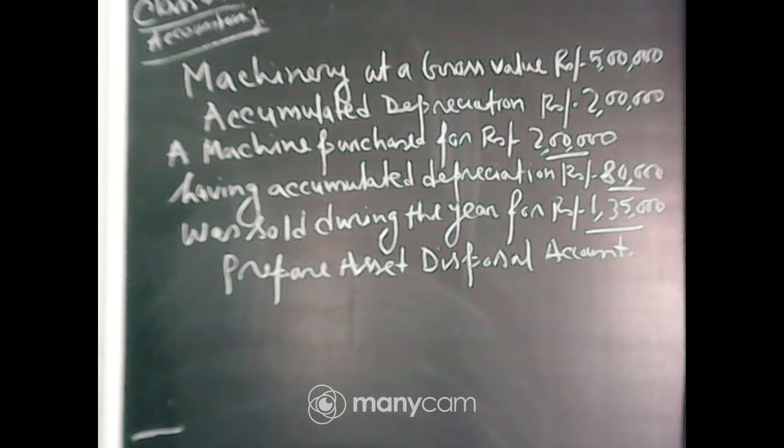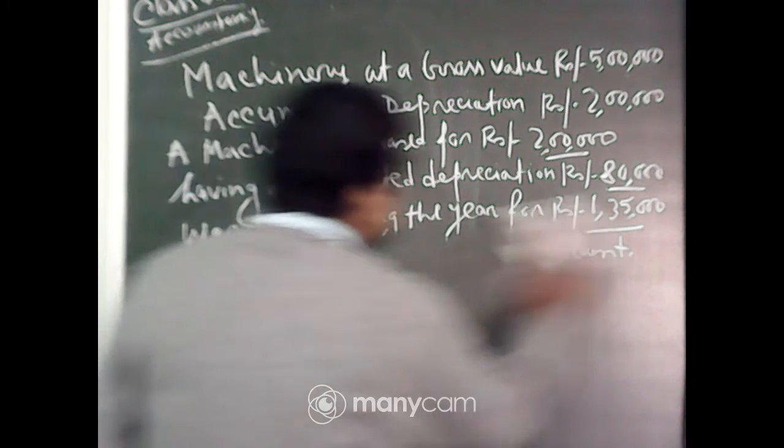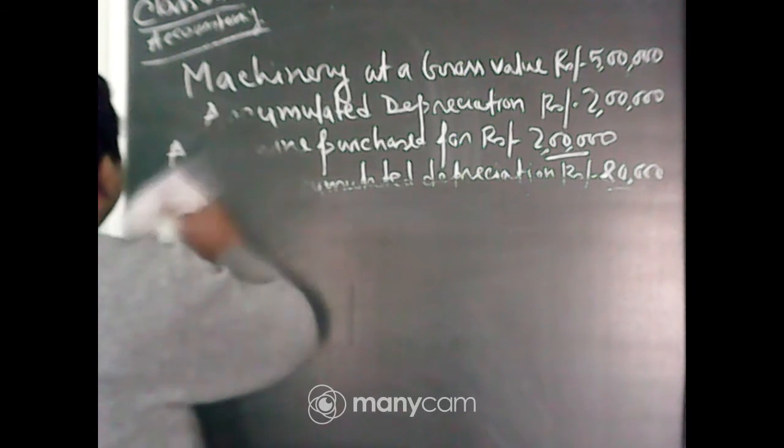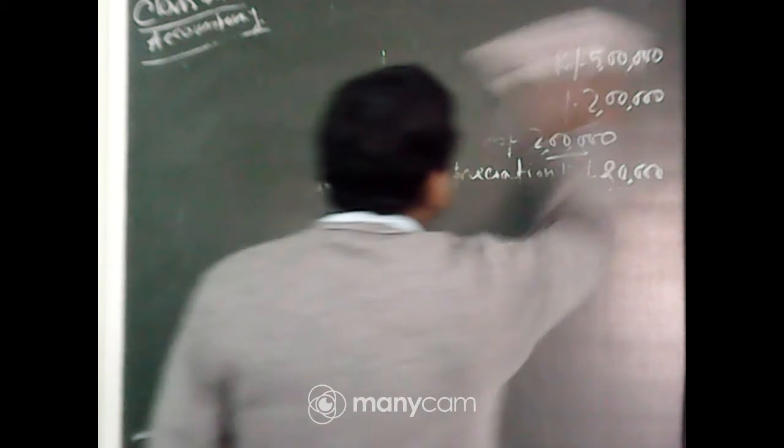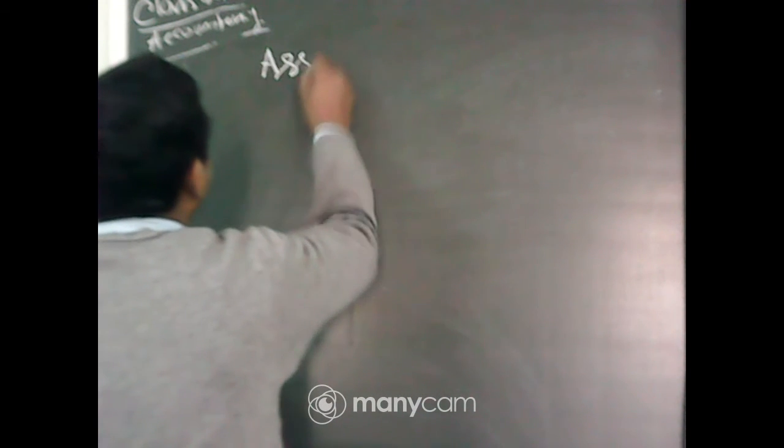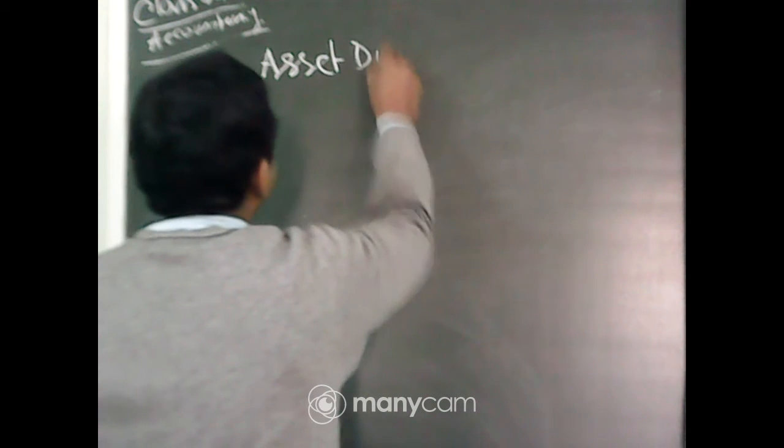Now look how we can make that. First write the title, asset disposal account.